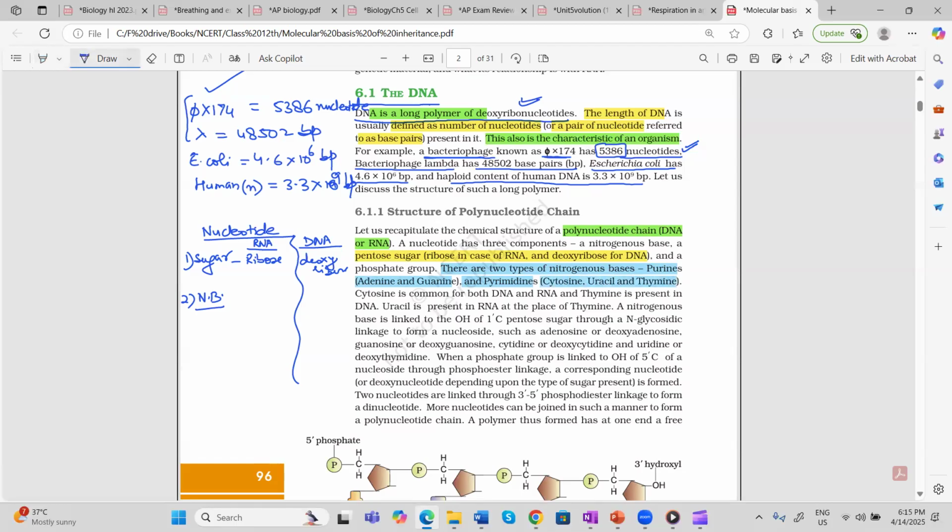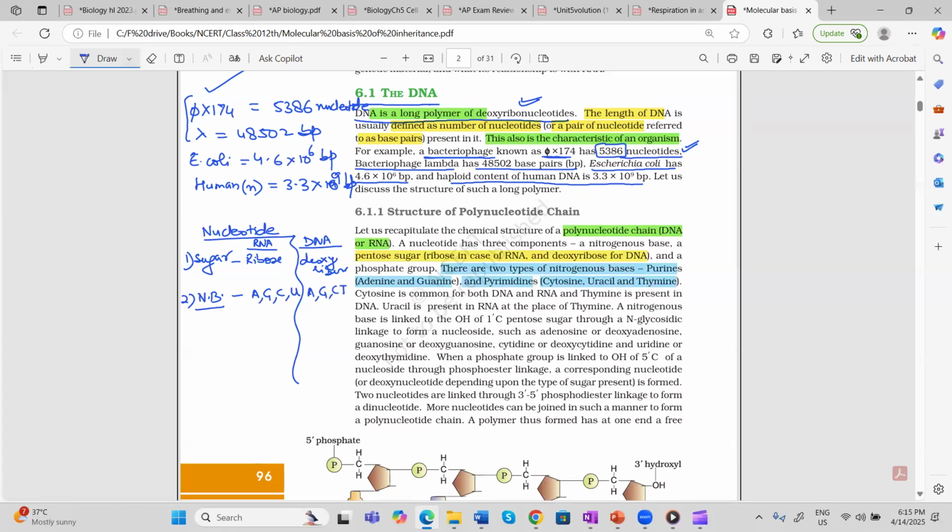Now let us write here. In case of RNA, adenine and guanine will be there, but thymine will not be there. It will be cytosine and uracil. In DNA, adenine and guanine will be there, along with cytosine and thymine.